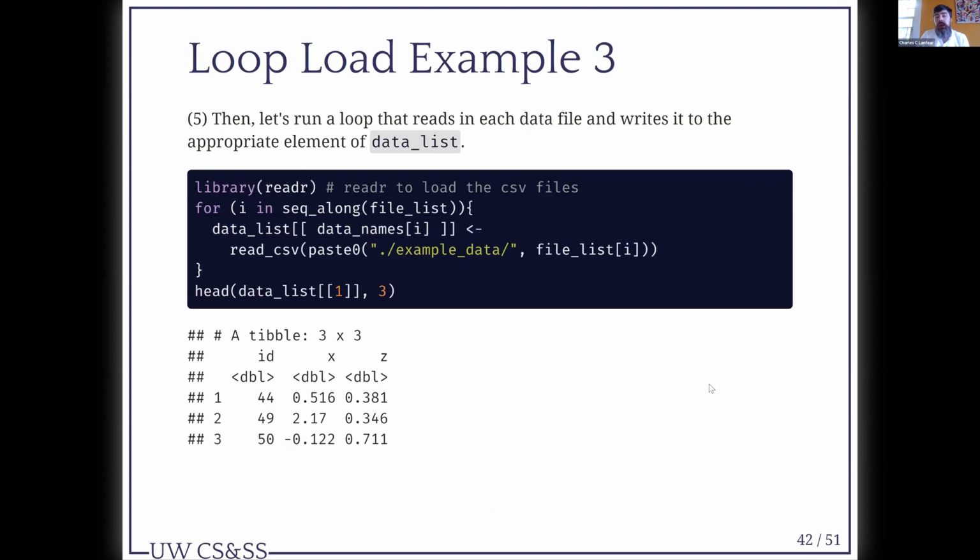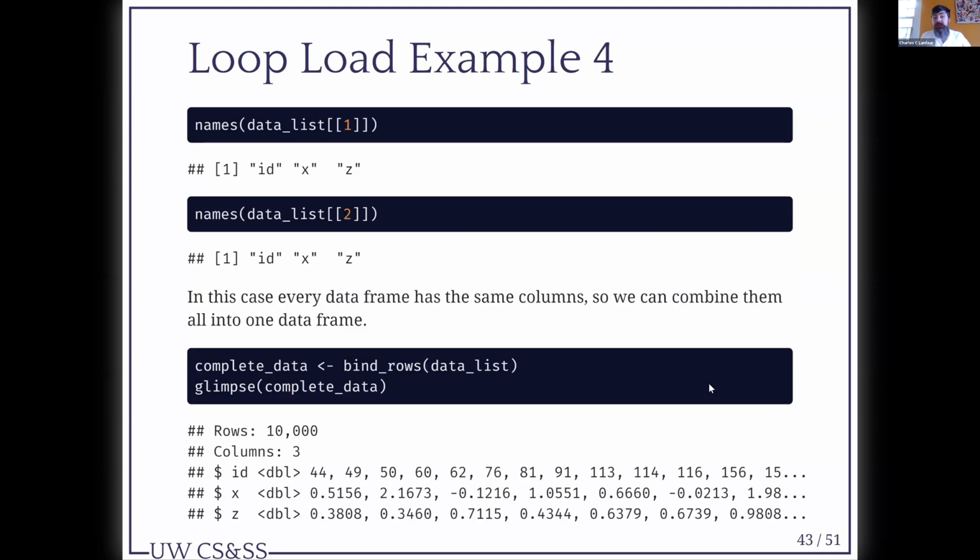So basically I've read in these files, and let's say you're in a situation where every one of the files you read in has the same data structure. Maybe you read in 100 files, they all have the same columns. Well, if they're all in a list like that, where each element is a data frame, you probably want to stick them together into one data frame.